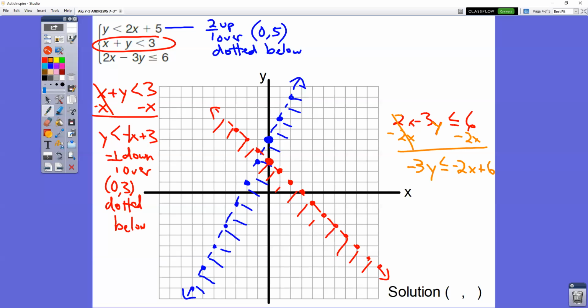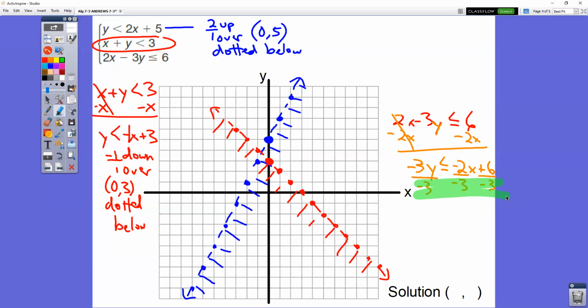Notice that we have negative 3 times y. Remember, you have to divide each and every term by negative 3. Please think back to last week. Remember that if you're dividing by a negative number, you have to flip the sign.